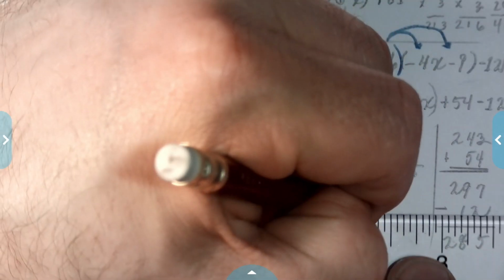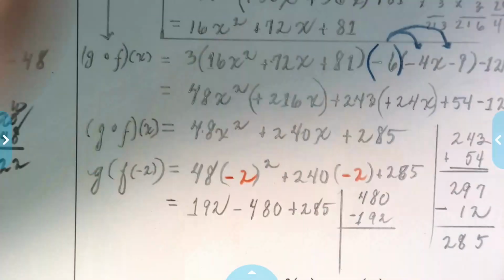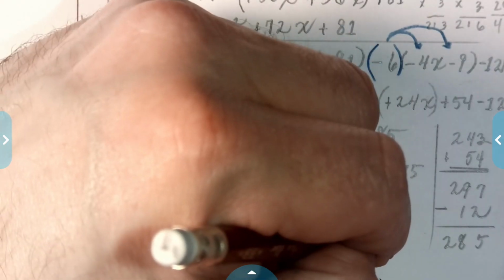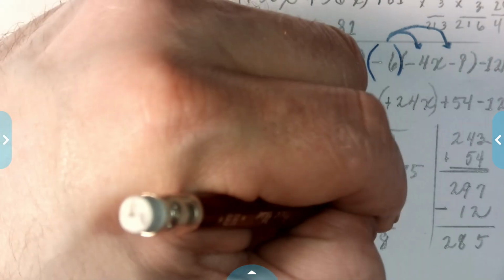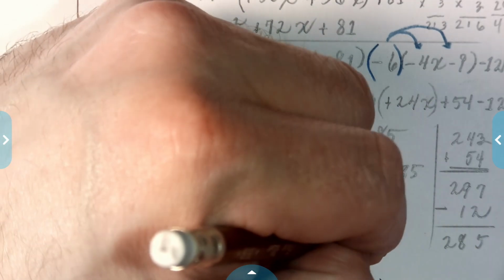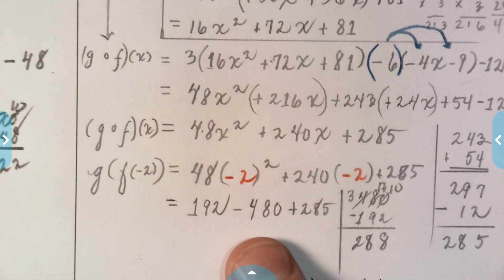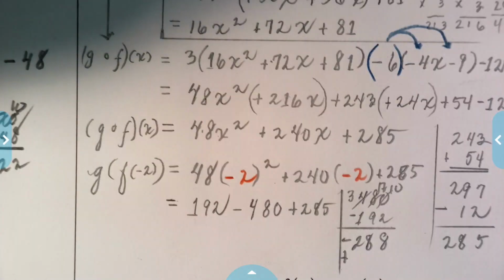We're going to have to say, well, 480 minus 192, and I get an intermediate value of 288, and that's going to be negative 288, okay.